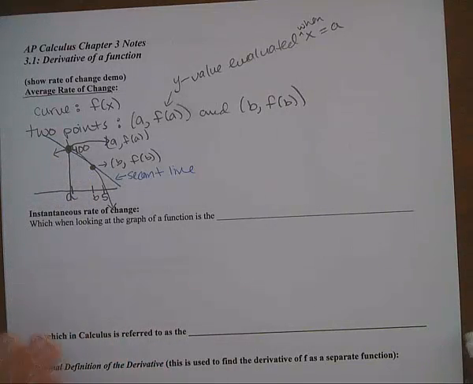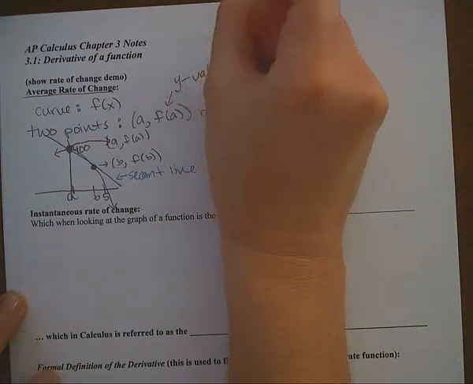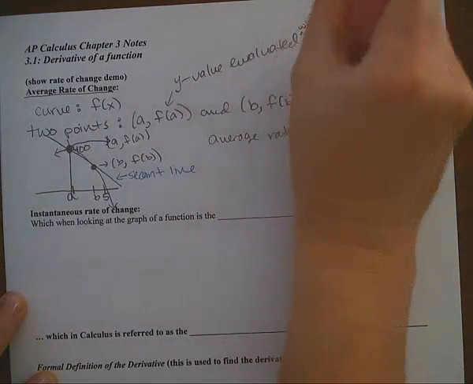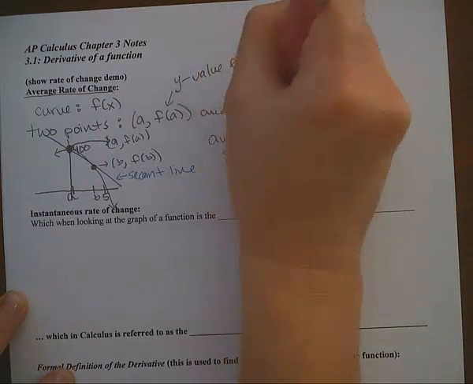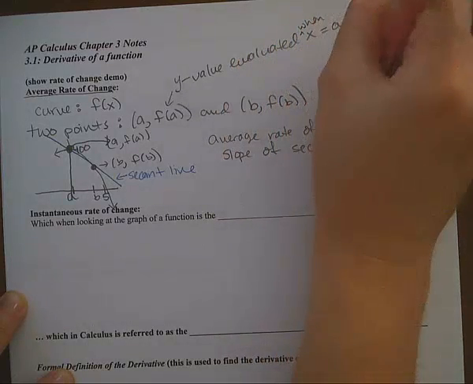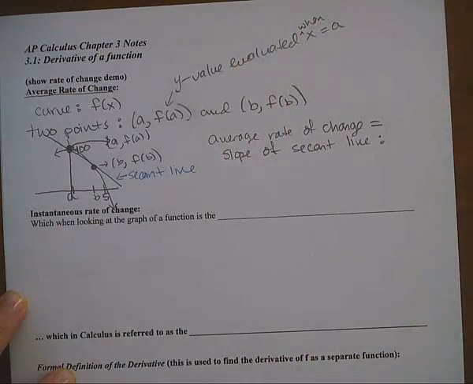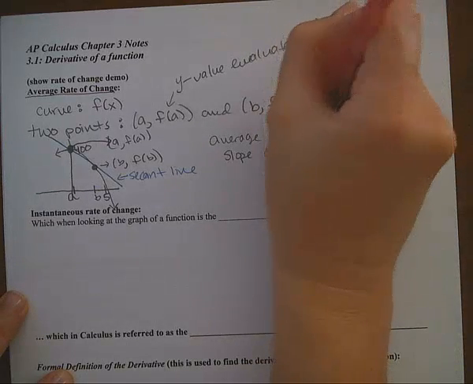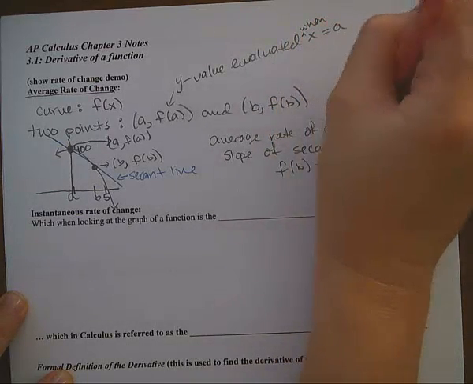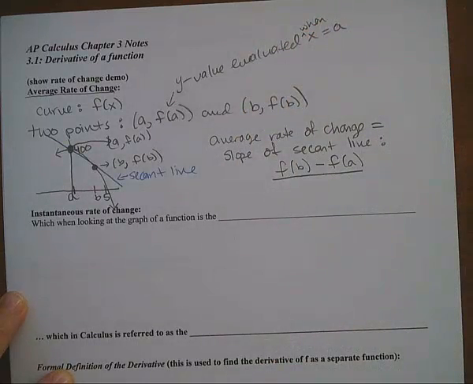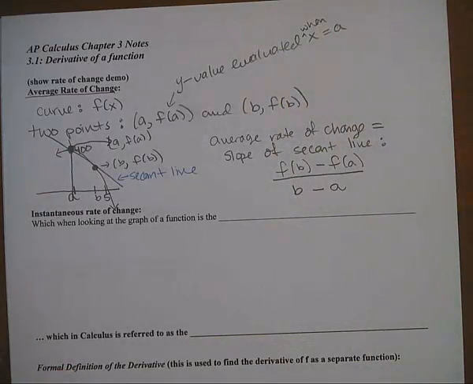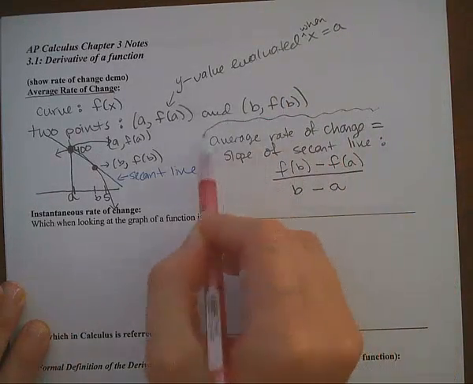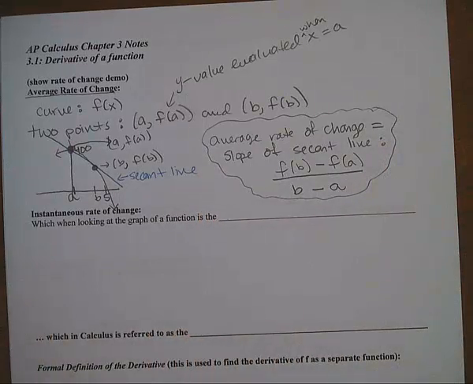And then the average rate of change was determined by finding the slope of that secant line. And so we basically just found the change in y, which we'll call f of B minus f of A, and then we divided that by the change in x, which we'll just call B minus A. And so that's the formula for average rate of change. And what you need to remember is that's a synonym for slope of the secant line.